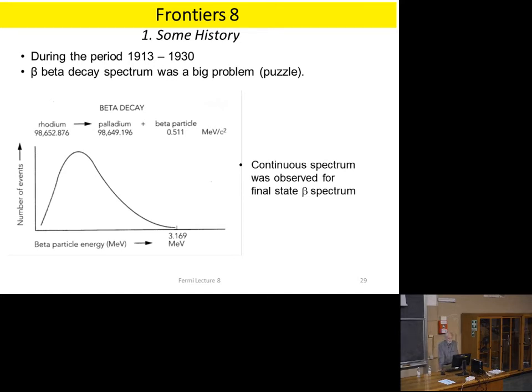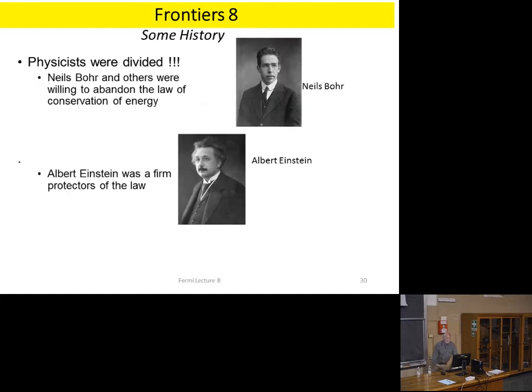So the early puzzle, which was a puzzle during the period of the 1910s to 1930s, was what we call beta decay. And so what I show here is rhodium decaying to palladium and a beta particle. And it gives this continuous spectrum, which was observed. That was a big problem in physics to explain. And in fact, the explanation was unclear completely. And prominent physicists had different approaches to it.